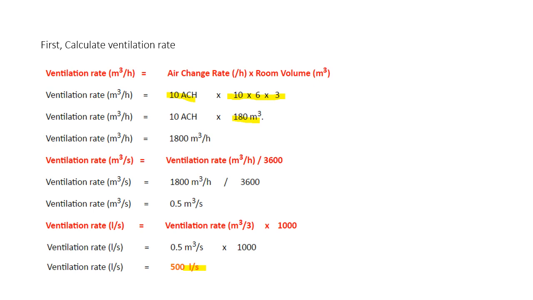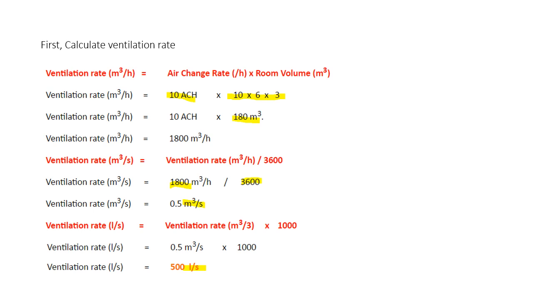And you just convert this ventilation rate into meter cubed per second, so that you can convert it later into liters per second. You know that in 1 hour we have 3600 seconds. So to convert meter cubed per hour to meter cubed per second, you divide this number by 3600.